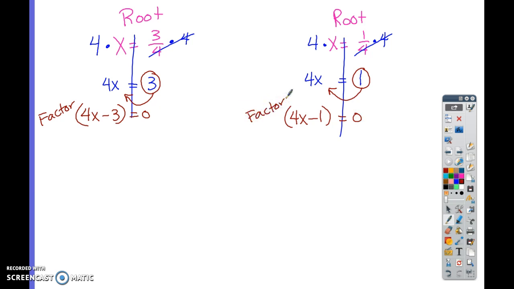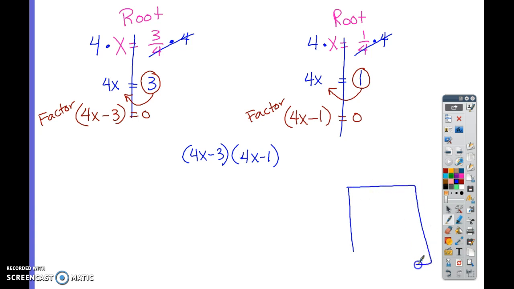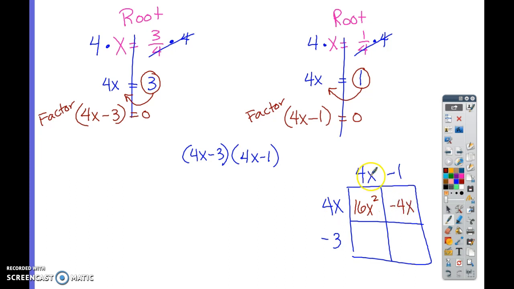And now we need to multiply them to get the equation. So I have 4x minus 3 times 4x minus 1. And we're going to multiply those using the box. Four x times 4x is 16x squared. 4 times 4 is 16, x times x is x squared. 4x times negative 1 is a minus 4x. 4x times negative 3 is a negative 12x.